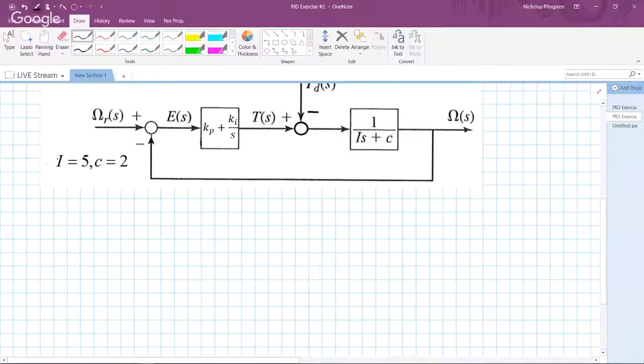So writing out the error function. And like before, if anyone watched, I don't like these capital omega sub r's and omega s. I'm going to call this capital Y sub r of s and capital Y of s, just because it's easier for me to kind of look at as I'm doing my math.